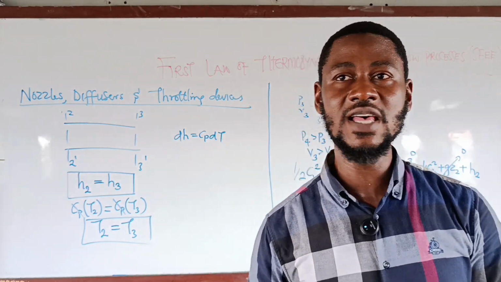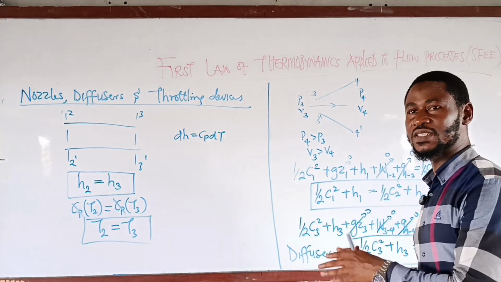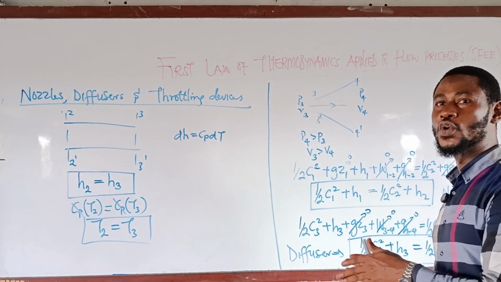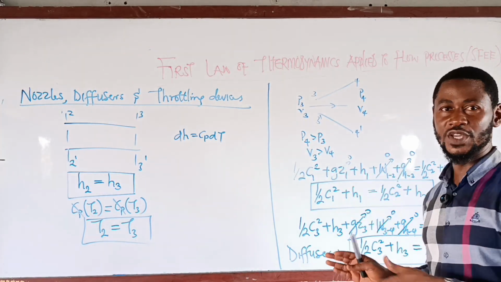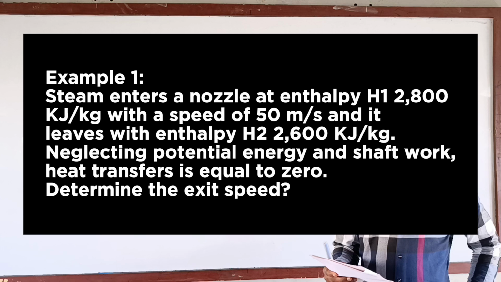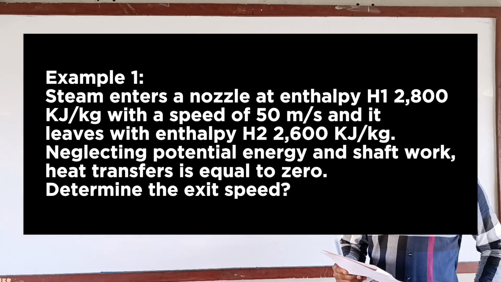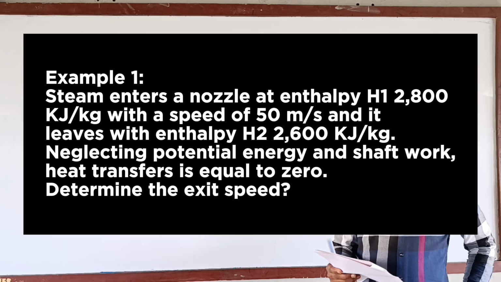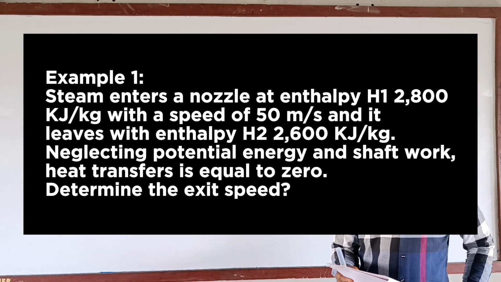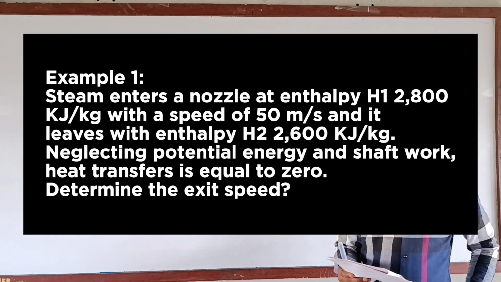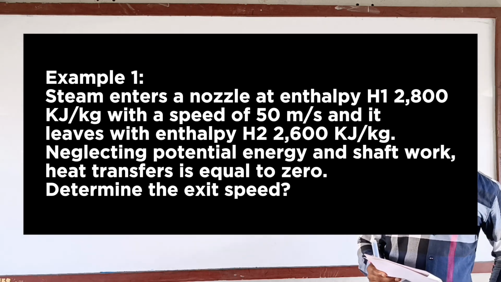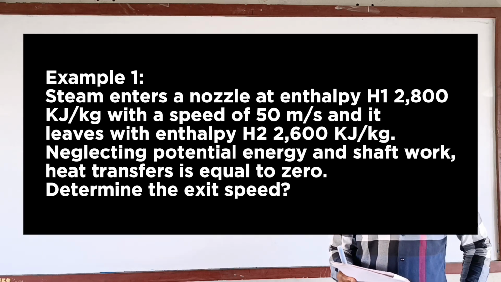Now let's take an example based on what we have been doing. Let's solve a worked example related to what we have been doing. Example 1 is on adiabatic nozzles. Steam enters a nozzle at enthalpy H1 equals 2,800 kilojoules per kilogram and speed V1 equals 50 meters per second.